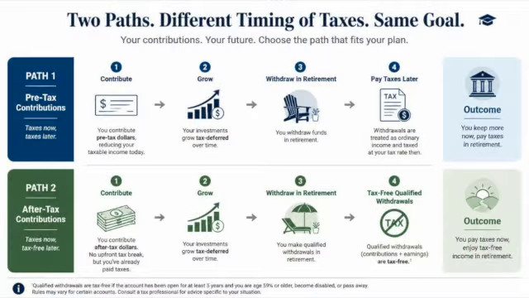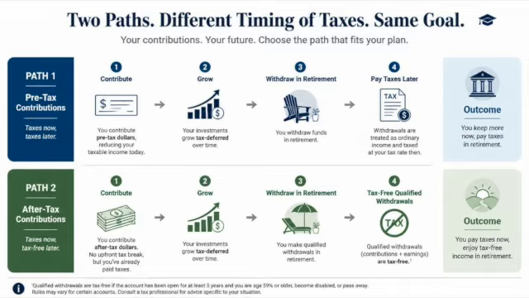One reason retirement accounts are so important is that many offer tax advantages designed to encourage long-term saving and investing. Broadly speaking, there are two common approaches. In some accounts, contributions are made with pre-tax money. This means the contribution may reduce taxable income today, but taxes are generally paid later when money is withdrawn during retirement.